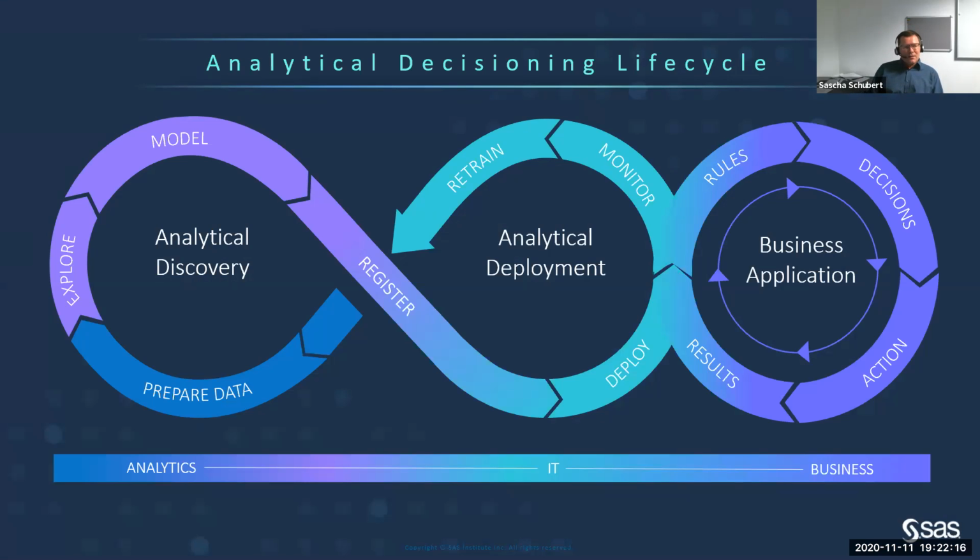And at the end of that part on the left-hand side, you end up with one or several models that you then feed into what we call the deployment part of that lifecycle, where it's about registering, maybe making your model available to a central model database that you have available in your organization for governance and for later reuse. You deploy it into a business process, and then you use that model in the business application for decision making.